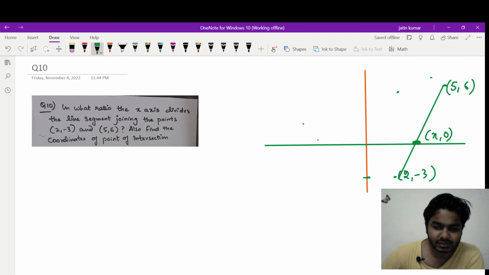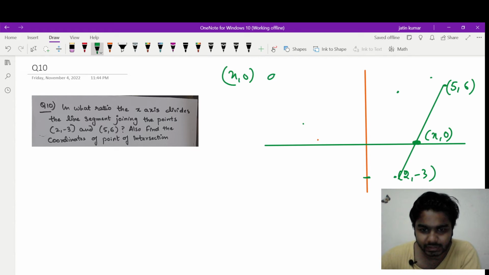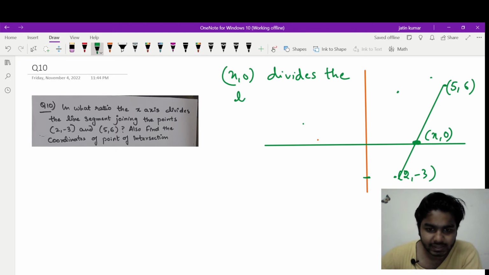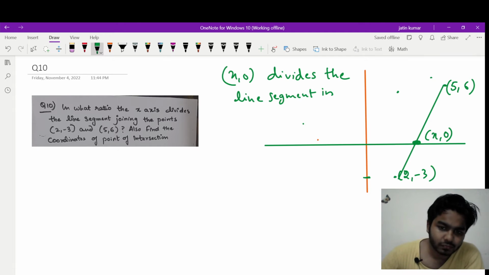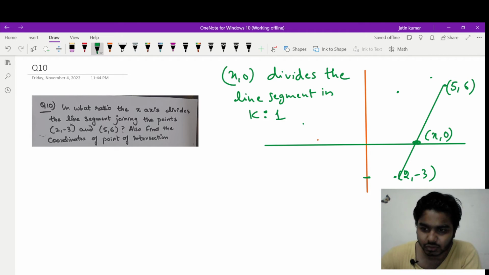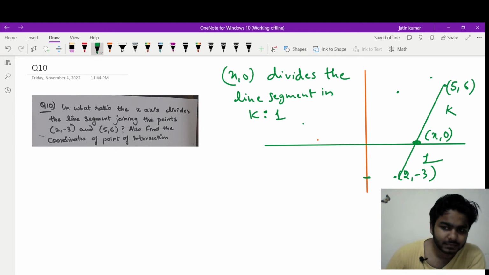Let's assume that this point (x, 0) divides the line segment in the ratio k to 1. Let's take it as k and 1.